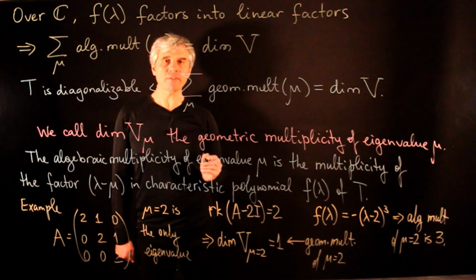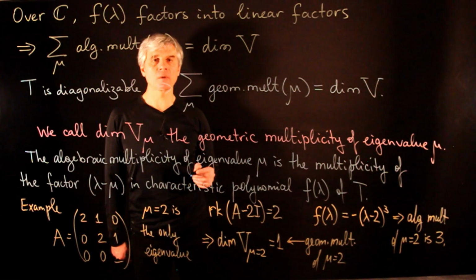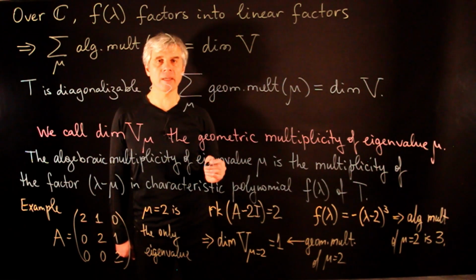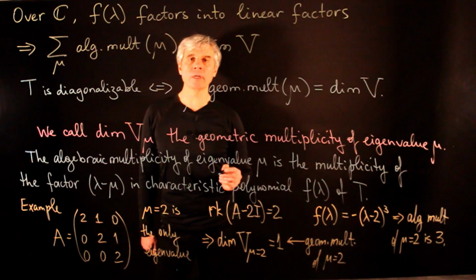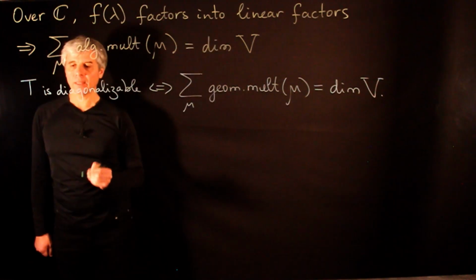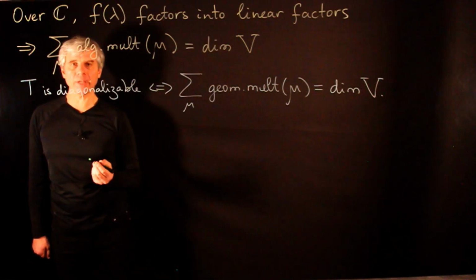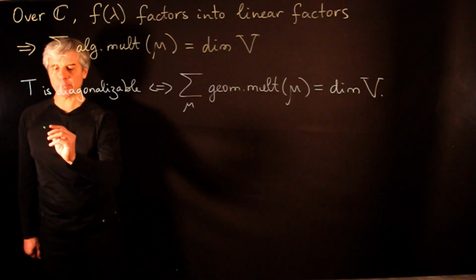Next, for each eigenvalue, we are going to introduce a generalization of an eigenspace, which will be called the root space. And the dimension of the root space is always going to be equal to the algebraic multiplicity of the eigenvalue.